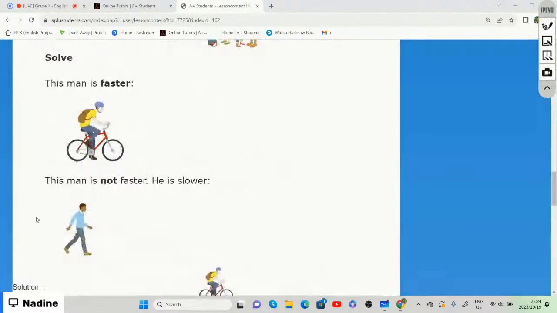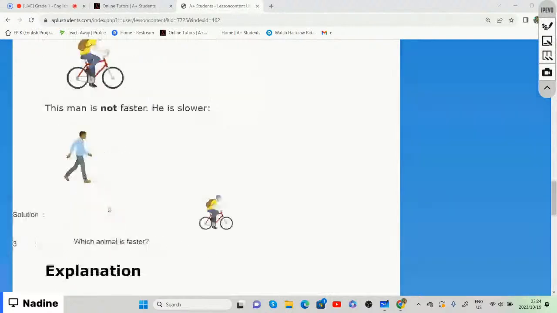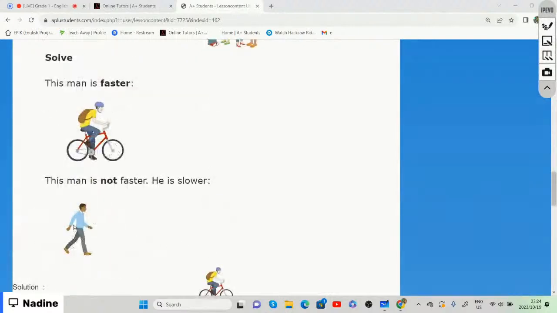If we look at these two forms of transport, if you are riding a bicycle and you are walking, which one do you think might be faster? Is it the one on the bicycle or the man walking? Which one is faster?